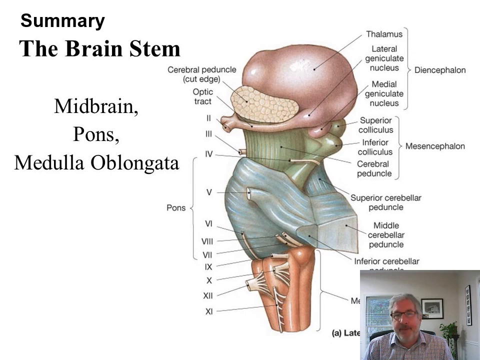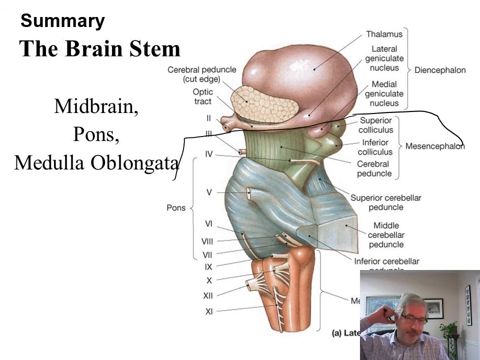Next slide. So here's a summary of the brainstem. Starting at the diencephalon, we're going to start here and cut it off there. So everything down below is all here. This slide is really meant to show cranial nerves coming off, and we'll talk about those later on.